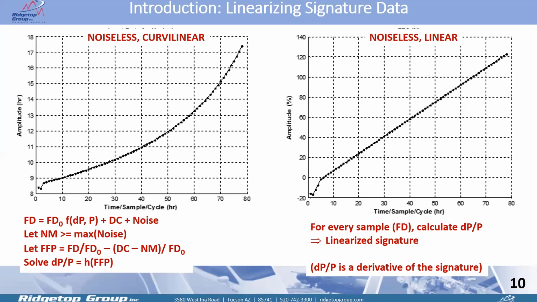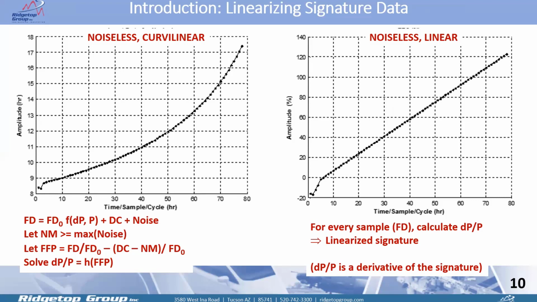We then solve that data, because that curve is really the result of a change in a parameter, represented by dP over P. That is a derivative, and the nice thing about a derivative is that it linearizes curvilinear data.